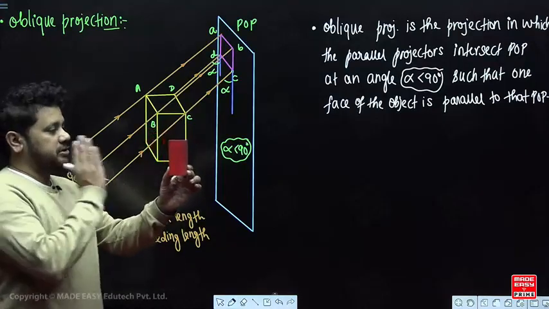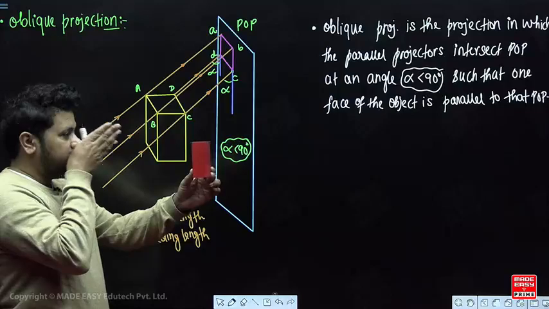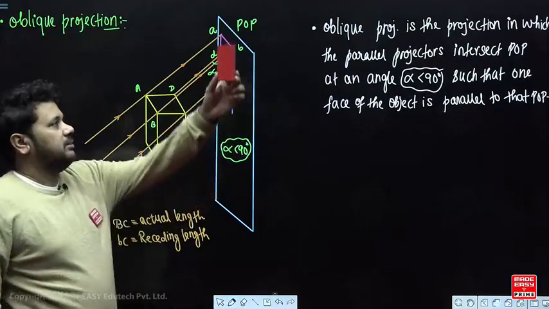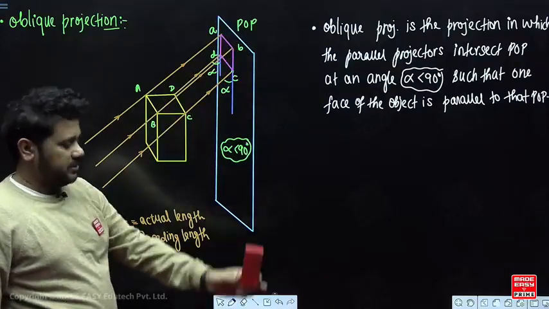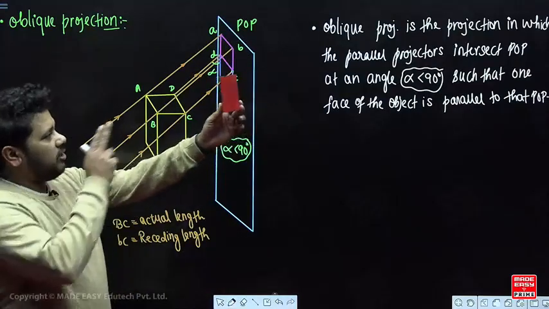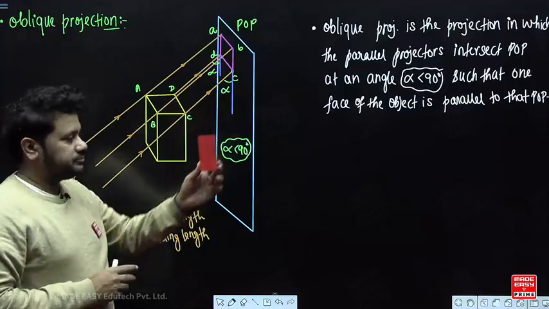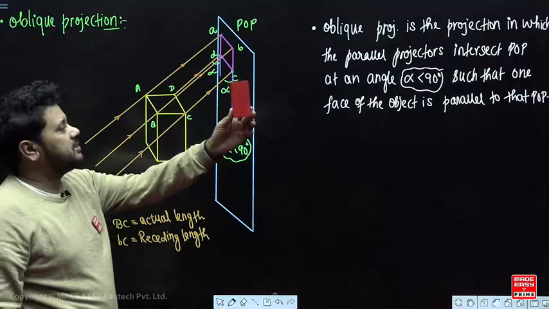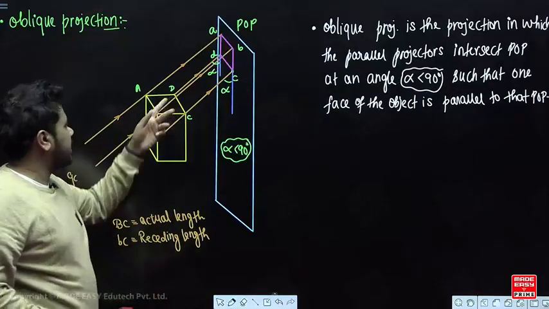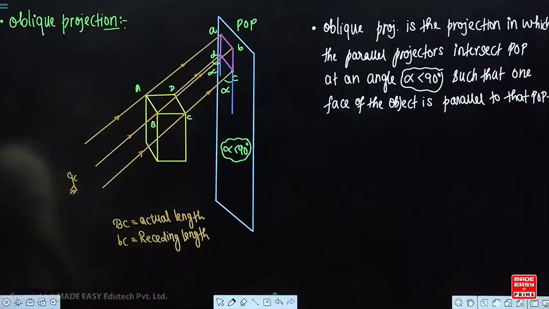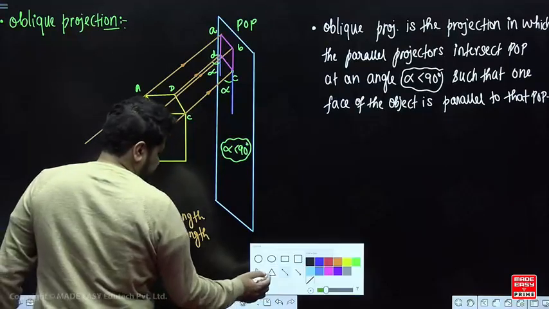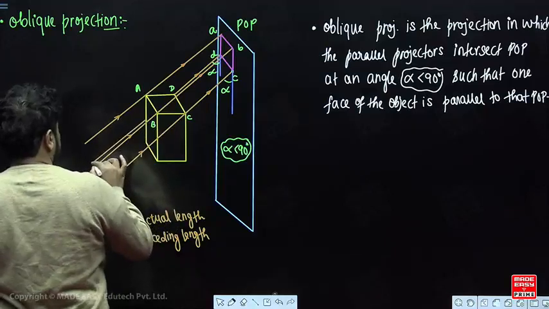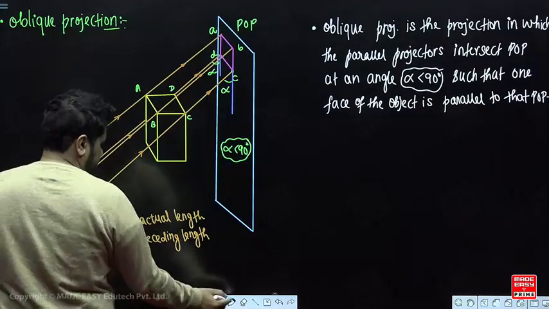If I am taking a projection like this, it will become orthographic because the rays coming from my eyes are exactly perpendicular to POP. But if the object is placed like this, the ray of vision will be inclined. So it will make a certain angle with the plane of projection. That is basically called oblique. The rays are still parallel to each other.